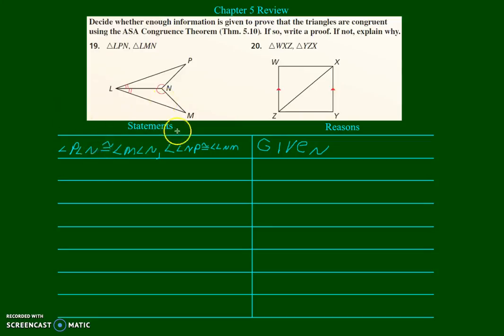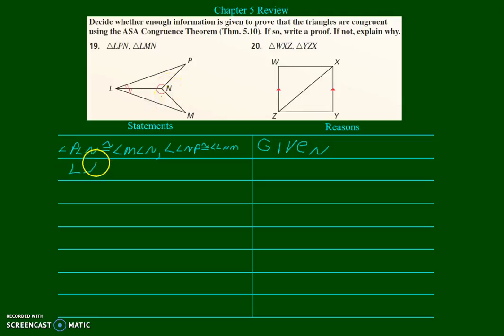Okay, so I've built the table and written in angle PLN is congruent to MLN, and LNP is congruent to LNM. So these two angles and these two angles. That's given. Now let's commence with our proof. We know that LN is congruent to itself.